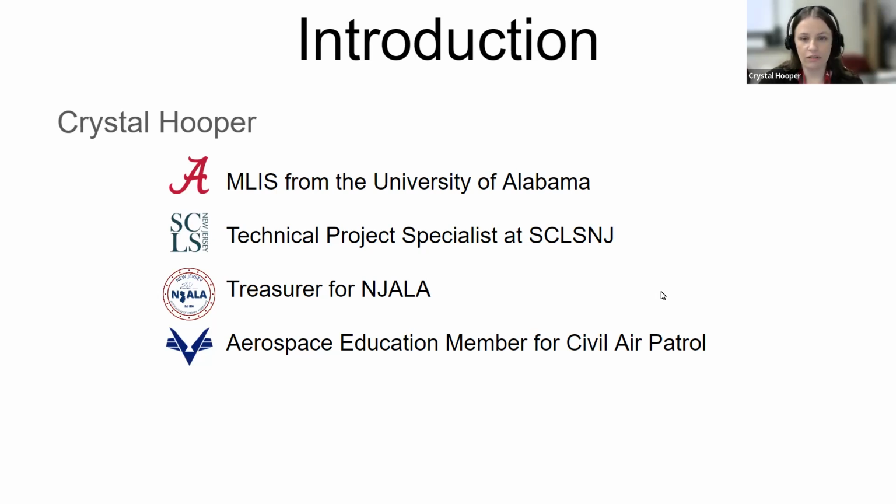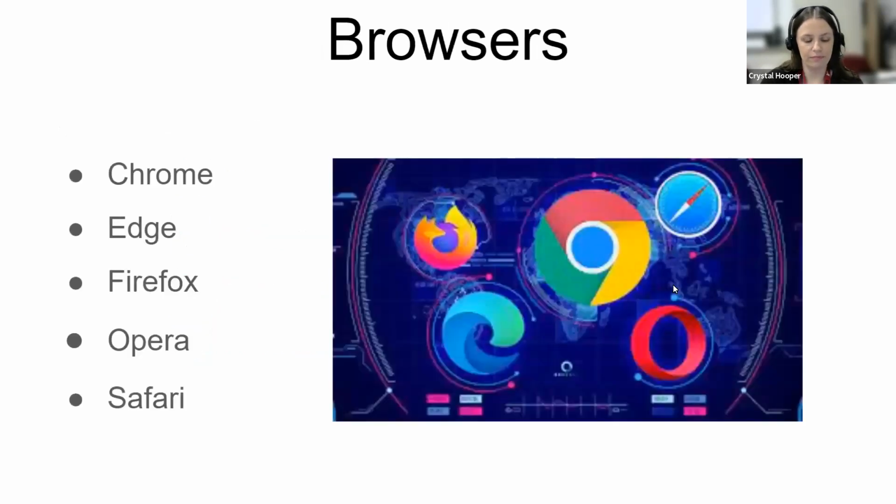Before we really dive into the Chrome tricks, we're going to talk about some internet terminology basics: browsers, search engines, and cookies. A web browser is an application software for accessing the internet. The most commonly used today is Chrome for Android and PC users, followed by Safari for Apple users. There are over 20 internet browsers to choose from.